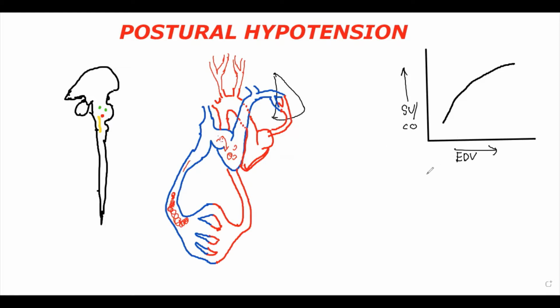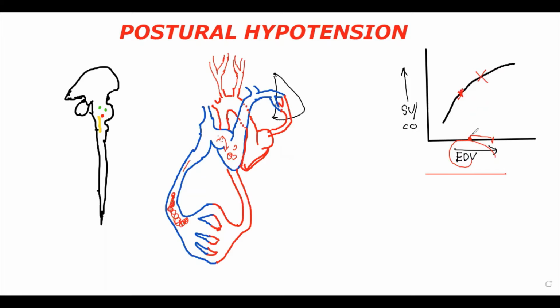And here is our Starling curve. Initially we suppose the heart is working at this point. If the venous return decreases due to the standing position, we have seen the end-diastolic volume will decrease to this point due to less venous return, and the heart is now operating at this point.